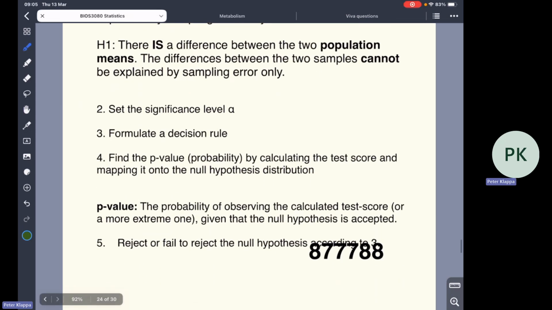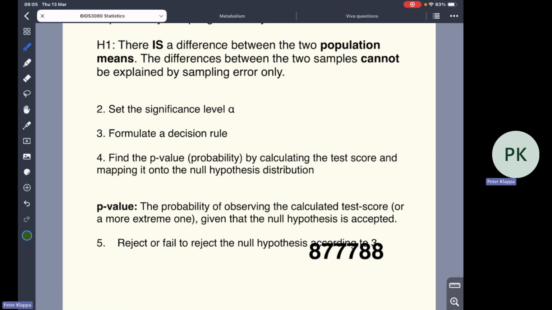And in the last step, we go back to number 3 and say, okay, we've got this p-value, we compare it with the alpha, and we go back to our decision rules and make a decision. Does the drug work? Yes or no? And that is basically the outcome.